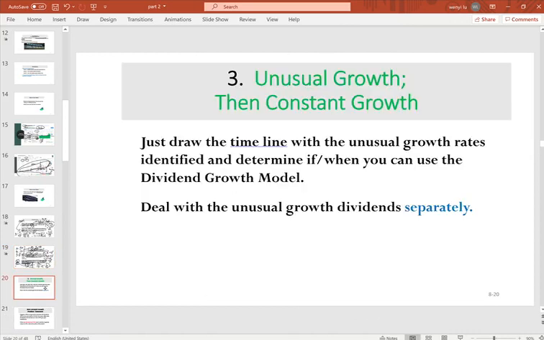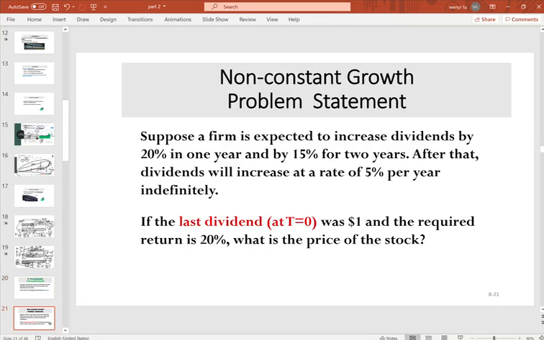Now let's try something more complex. We assume the stock now will have unusual growth. What's unusual growth? It means the growth can be different for different stages, different periods. For example, the firm is expecting to increase dividends by 20% in 1 year, then increase dividends by 15% for the next 2 years.